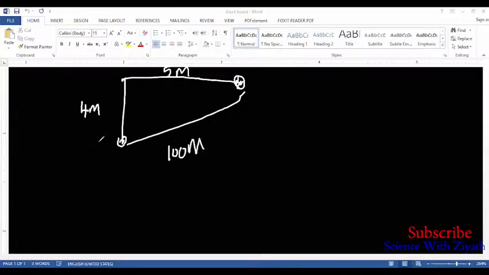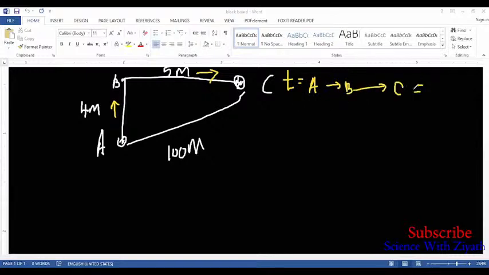It's moving from A, this point is B and C. It's moving from A to B and B to C. The time taken to travel A to B and B to C is 3 seconds. Sorry, this is 10 meter. 3 seconds. It's not 2 seconds.